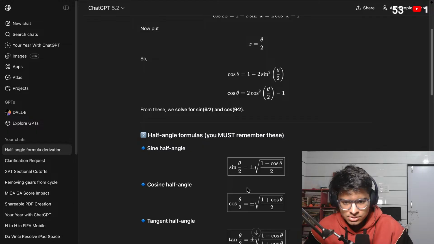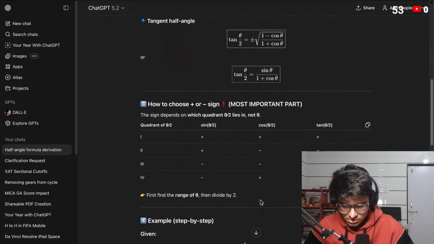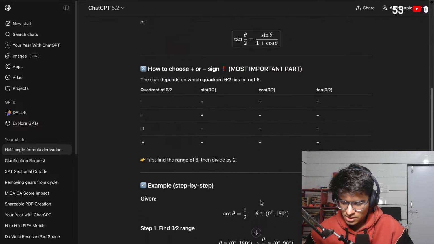Sin theta by 2 is equal to plus minus root of 1 minus cos theta by 2. Cos theta by 2 is equal to plus minus root of 1 plus cos theta by 2. How to choose the plus or negative sign? The most important part: the sign depends on which quadrant theta by 2 lies in, not theta.